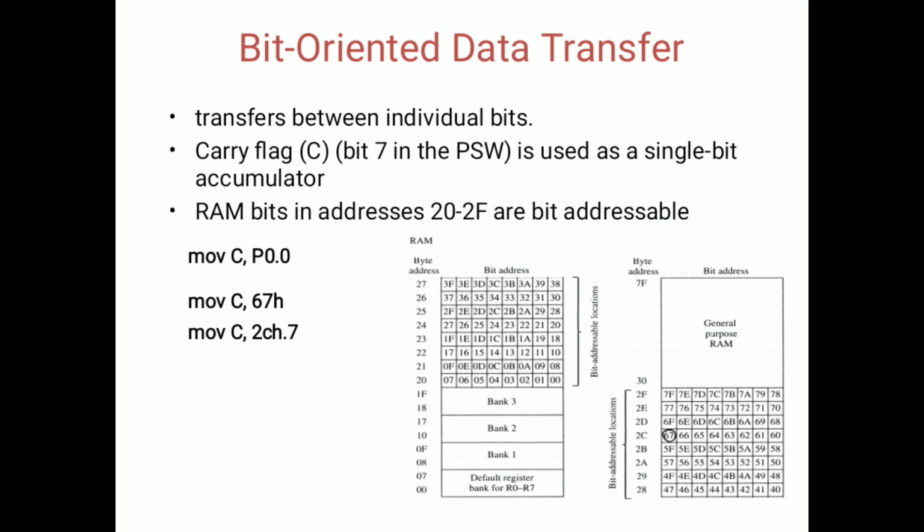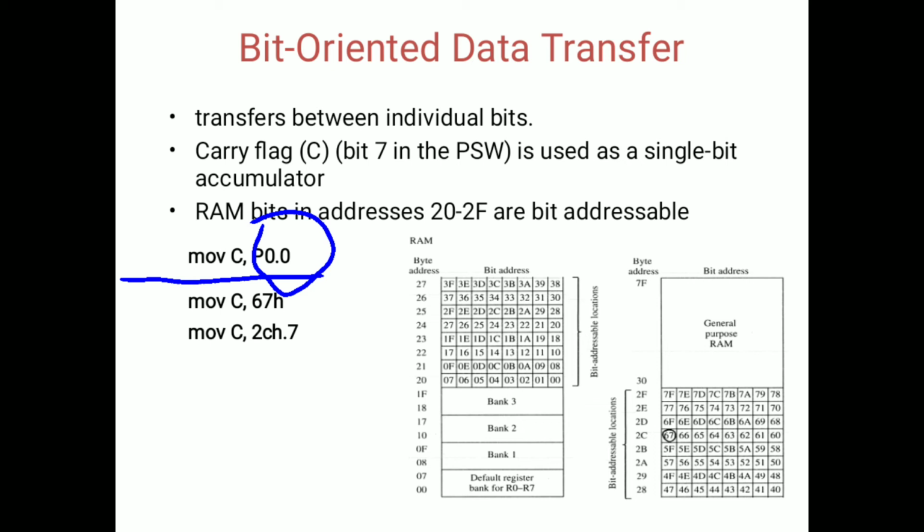The data can also be transferred between individual bits, which means we can transfer a single bit also. For example, here we can see MOV C, P0.0, meaning the 0th bit of port 0 is moved to the register C. So a particular bit, not the byte.